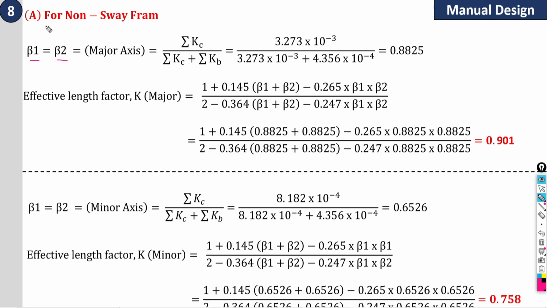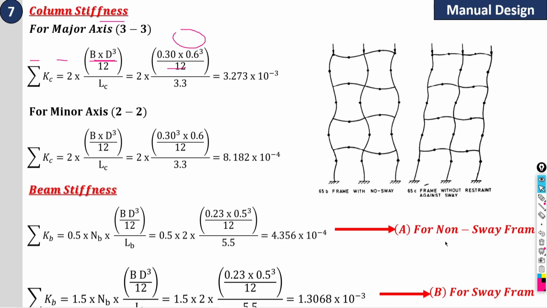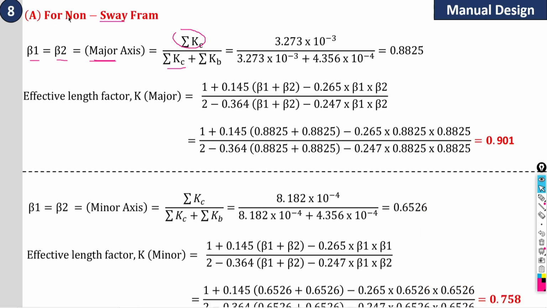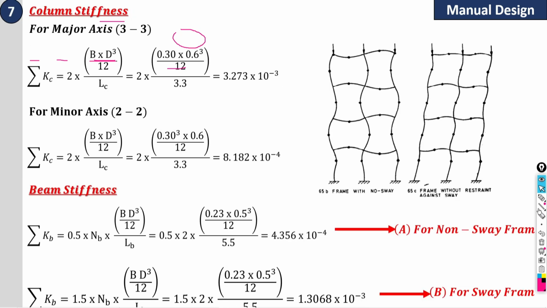Firstly I am going to do it for non-sway. The formula for B1 and B2 for major axis is the summation of stiffness for the column divided by the summation of stiffness of the beam, and for sway, go back. For non-sway, firstly we are going to consider non-sway.